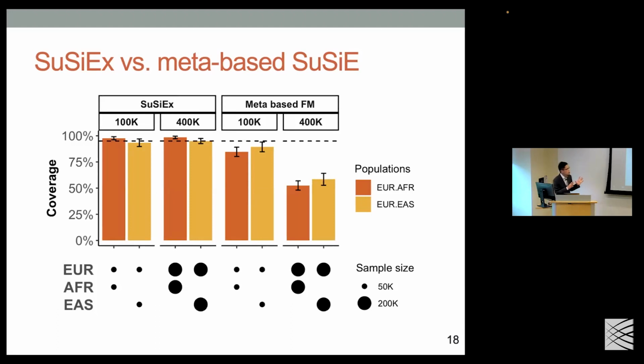We found a great coverage loss for the meta-based fine-mapping with a larger sample size. For SuSiEx, the coverage is quite high, above 0.95, but for 400,000 samples in the meta-based analysis, the coverage is only 50%.